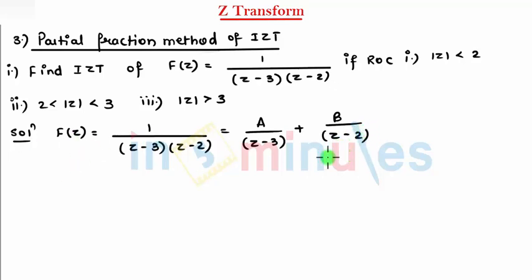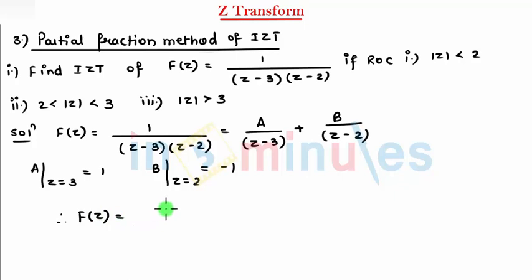For finding a and b, I put z equal to 3, which gives me 1, and for b I put z equal to 2, which gives me minus 1. Therefore I can write f of z as 1 divided by z minus 3 minus 1 divided by z minus 2.